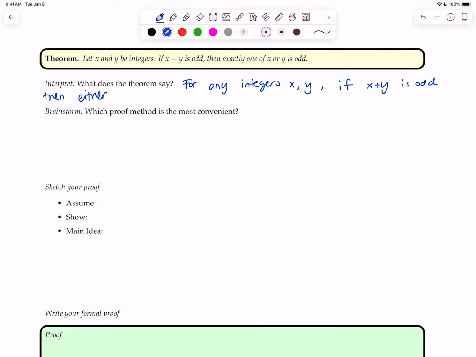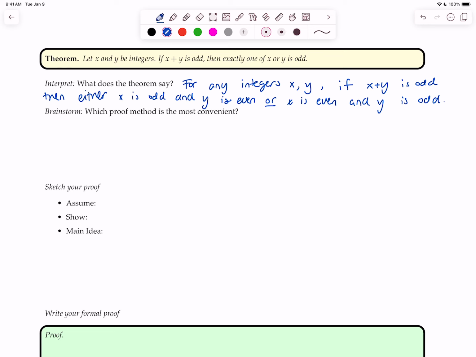So exactly one of x or y is odd. So either x is odd and y is even, or it might be the other way around: x is even and y is odd. So they need to be opposites. Exactly one of them is odd, so the other one is going to be even.